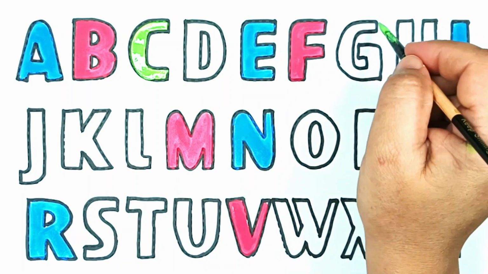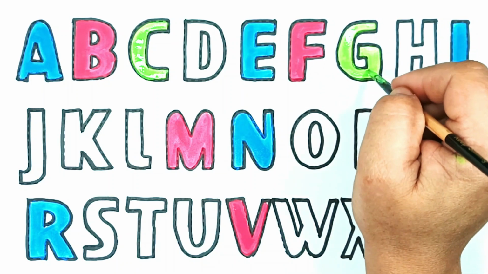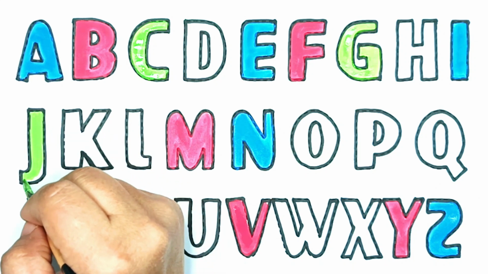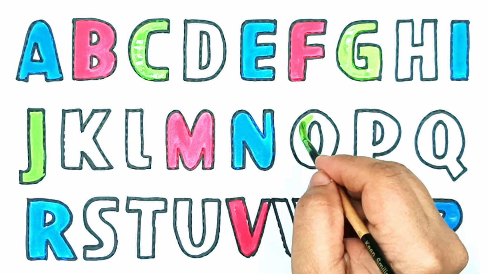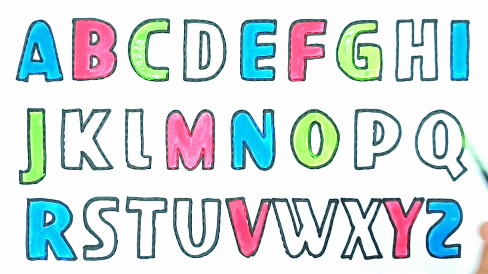C for cat. G for glass. J for jam. O for onion. U for umbrella. X for xylophone.